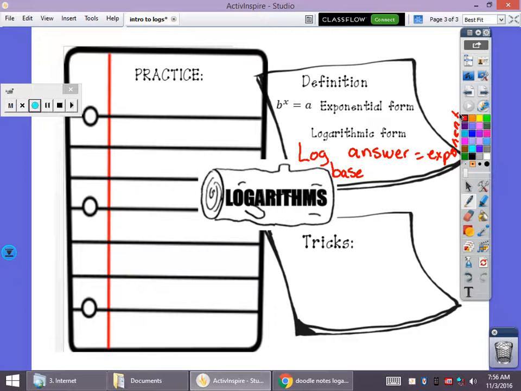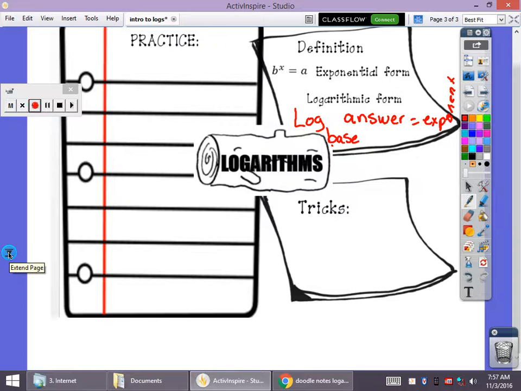It'll make sense in a second. Base is a subscript instead of a power. It's a subscript instead of a superscript. Log subscript base answer equals exponent. And then I have some tricks. Tricks up my sleeve.